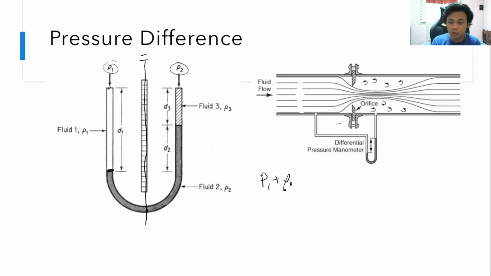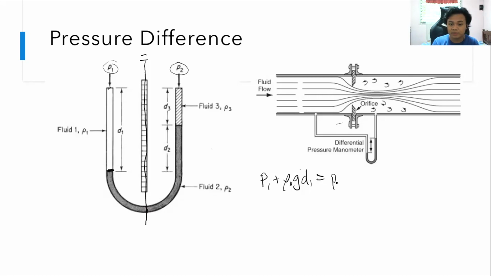So how can we get the pressure difference there? On the left side we have to add rho G D1. Okay, and then we have to add also the contributions of the pressures on the right side.